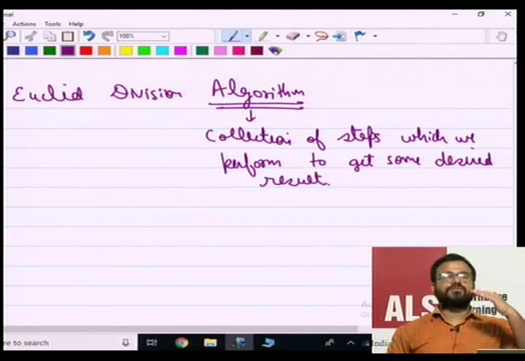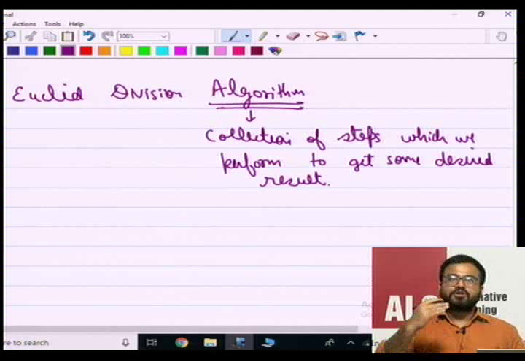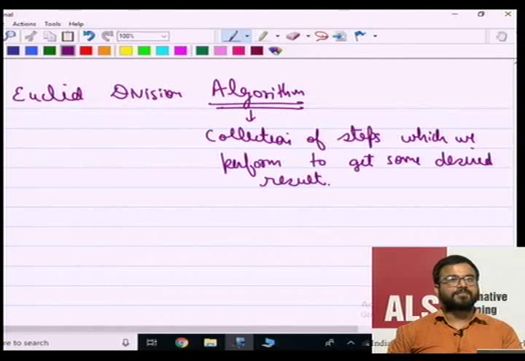So the series of steps which we are performing in any question to get the desired result, that collection of all those steps is known as an algorithm. So how can we apply this Euclid division algorithm to get different desired results? This Euclid division algorithm is basically helpful in finding the HCF of the numbers.